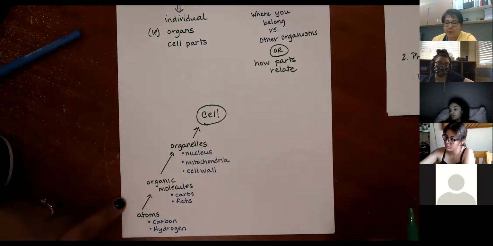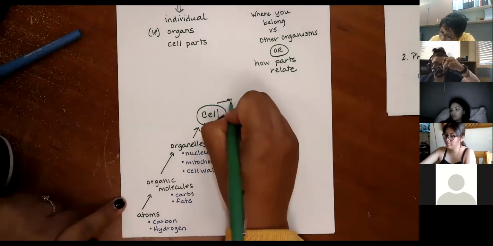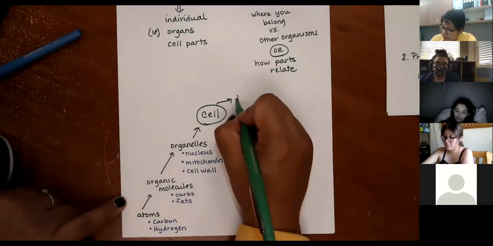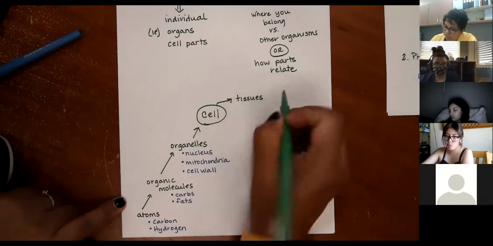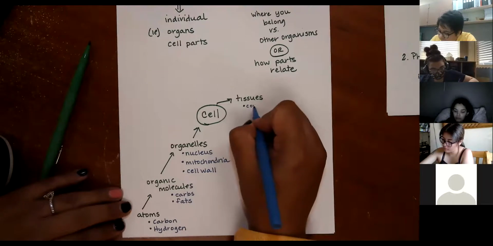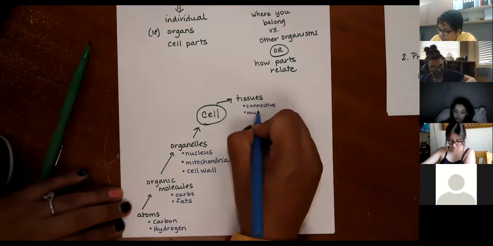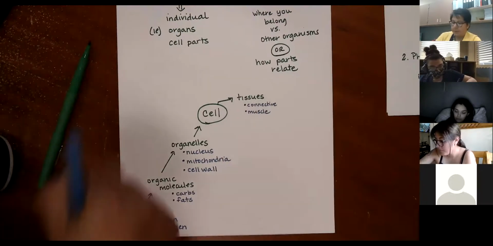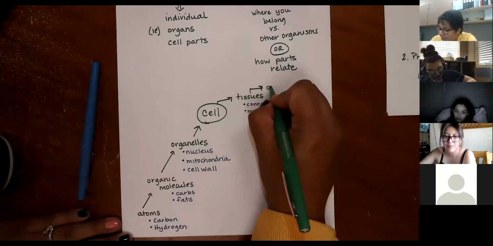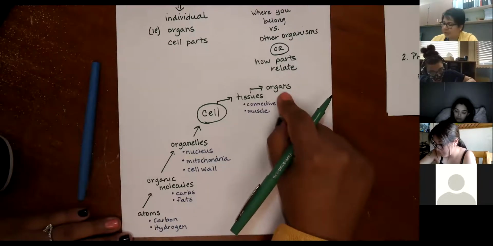We can keep going with our hierarchy here because cells themselves can organize into tissues. Examples of tissues might be connective tissue, or maybe even muscle tissue. Tissues in turn can be organized, I'm running out of room, into organs, like your heart and your skin.